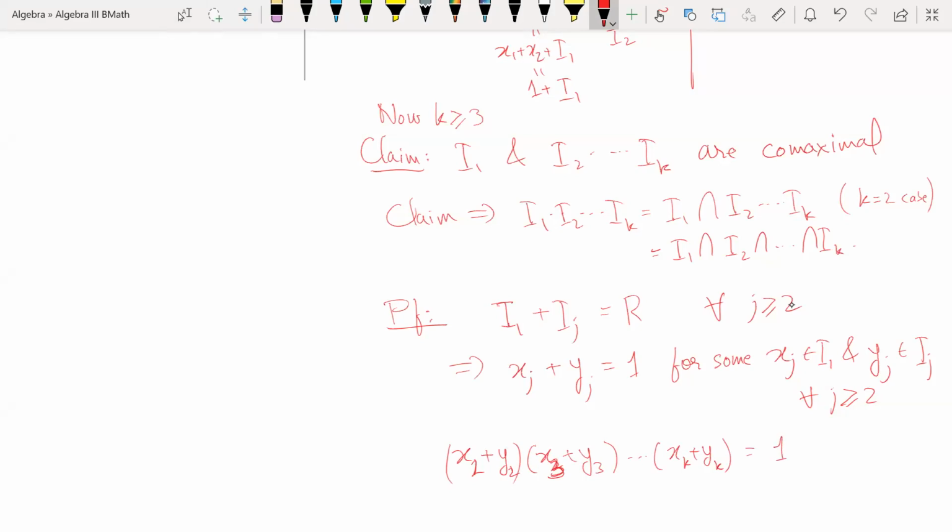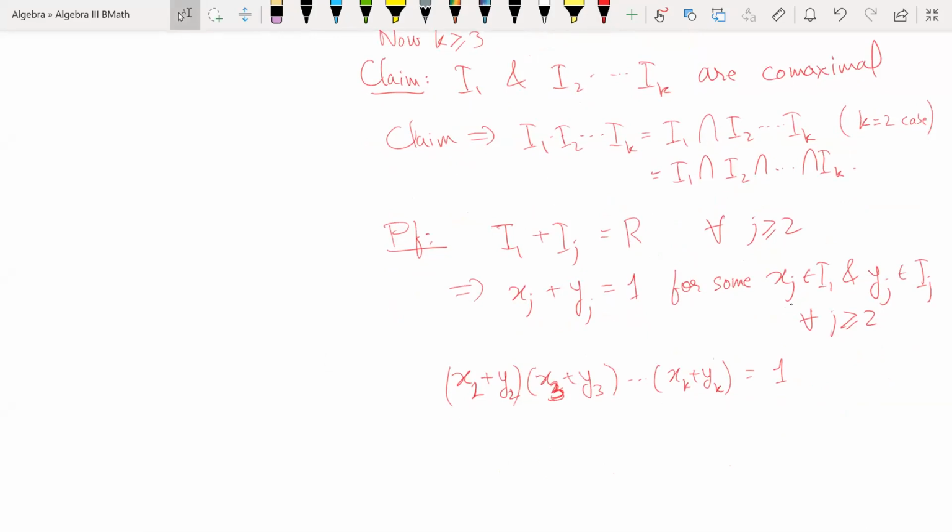But if you expand it, what do you get? One term you'll get is y2 y3 up to yk. And in the other terms, you'll have at least one factor of x, some subscript of x will come as a factor.